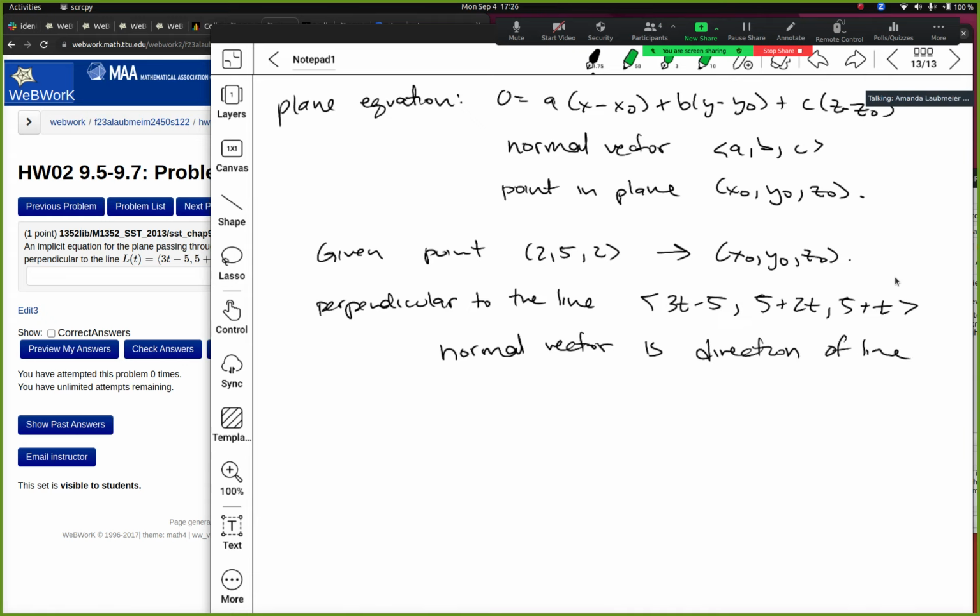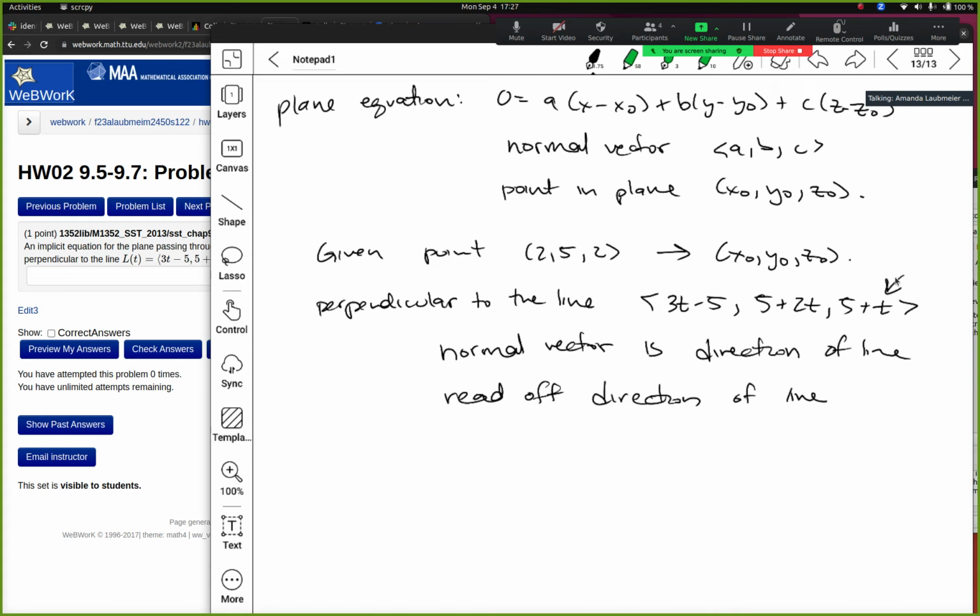And then we just need to read off the direction of the line, which we talked about earlier is the stuff attached to the t's. So like my A, B, C are coming from the numbers multiplied by the t's.